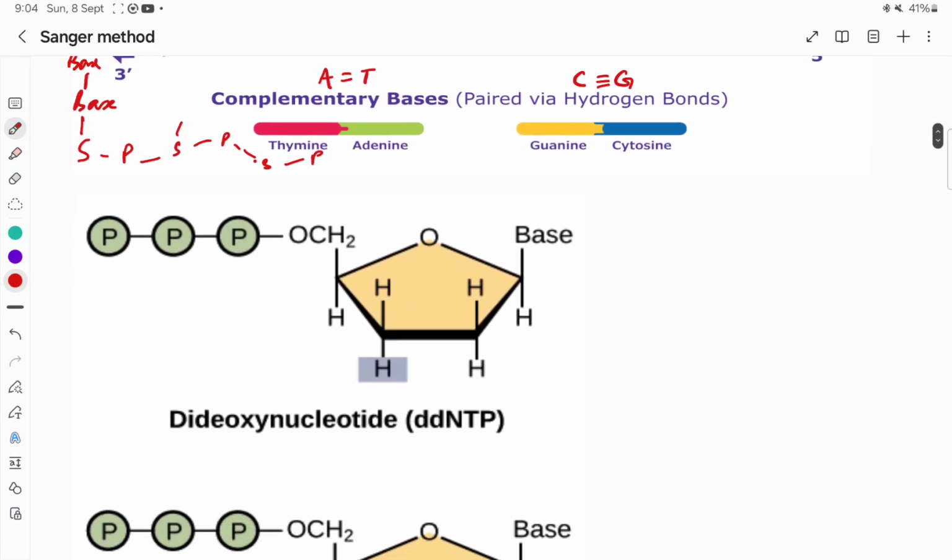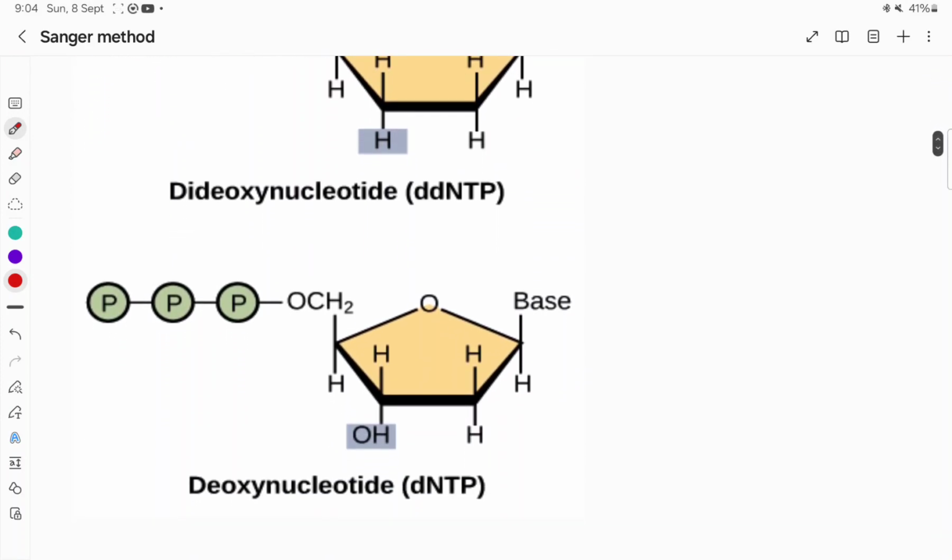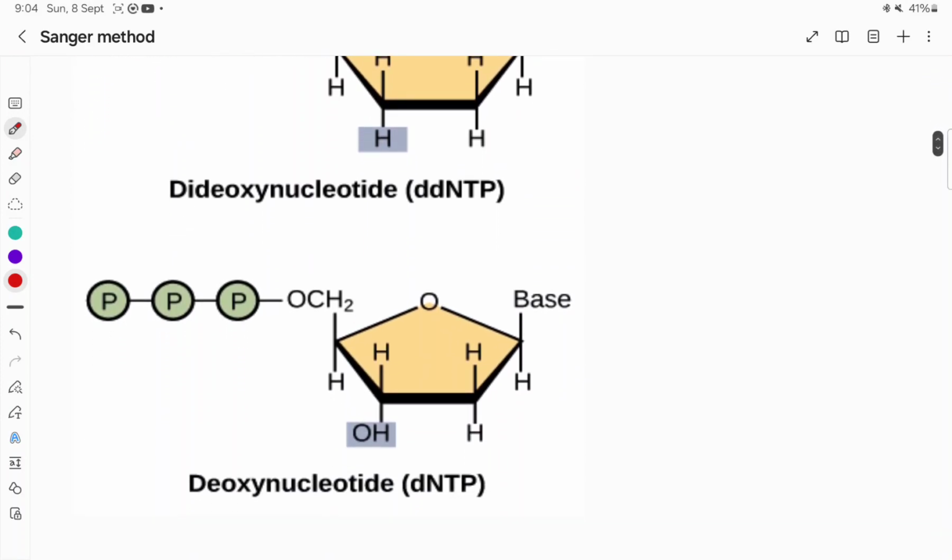If you see the structure of deoxynucleotide, we can see positions 1, 2, 3, 4 and 5.